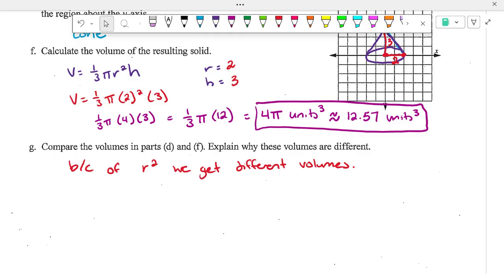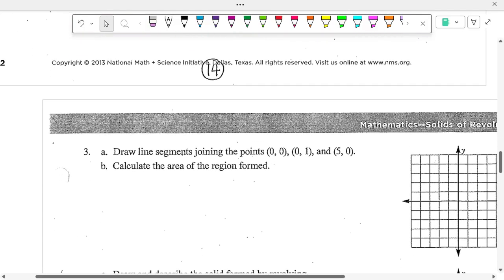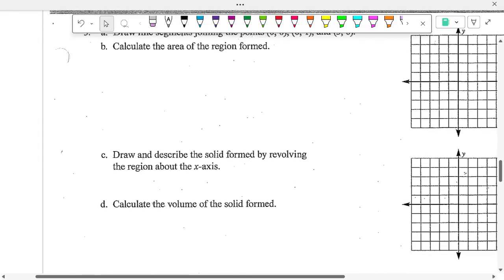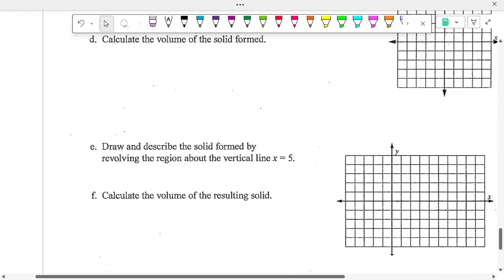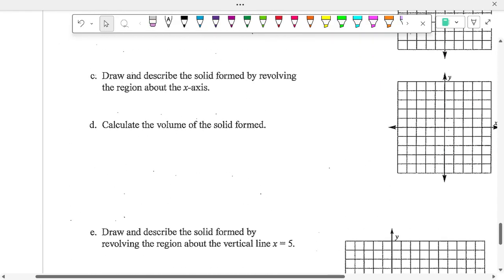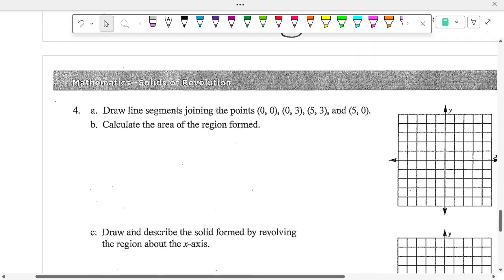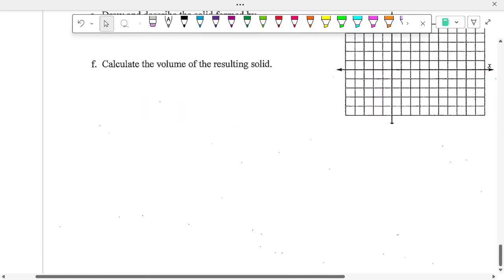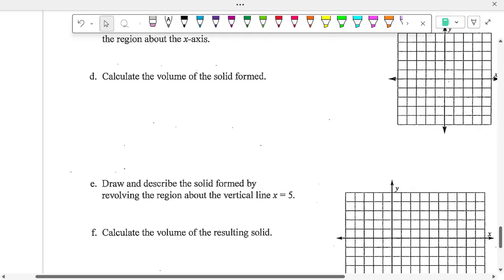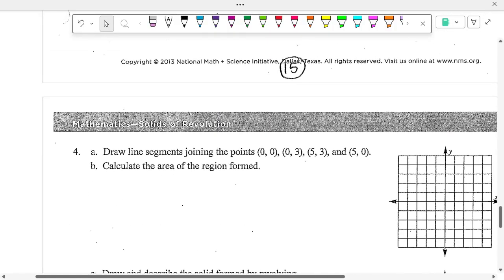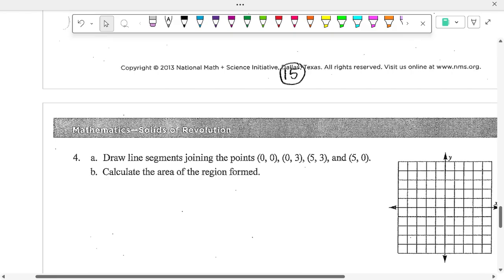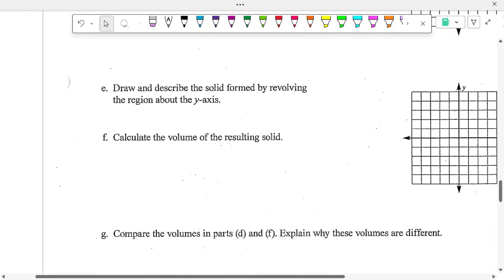Now, let's do one that's a little bit harder. Where is it? Okay. All right, so look on page 16. We're going to do the problem together on page 16 because this one's a little bit different, and I'll show you why.